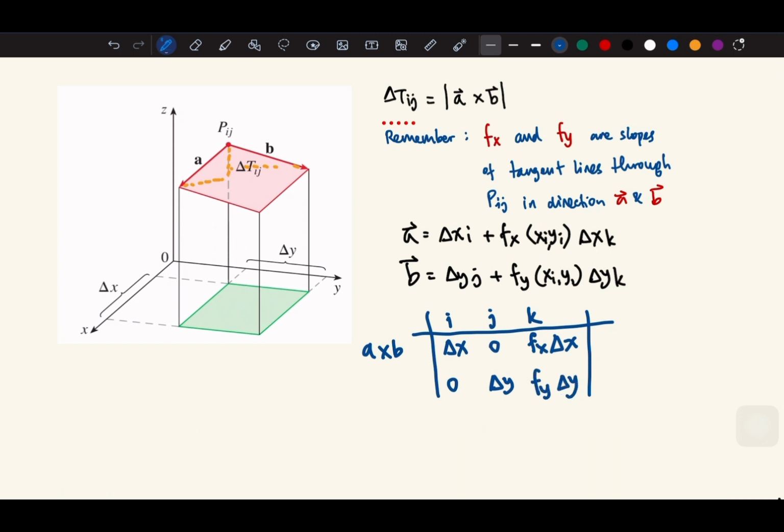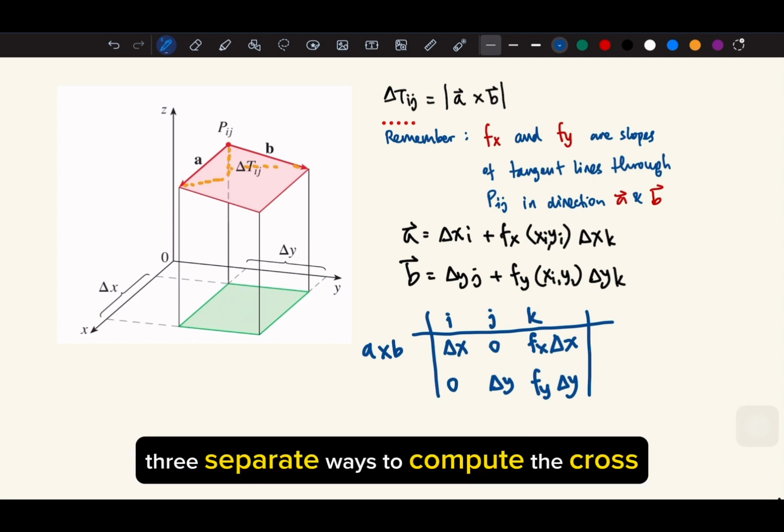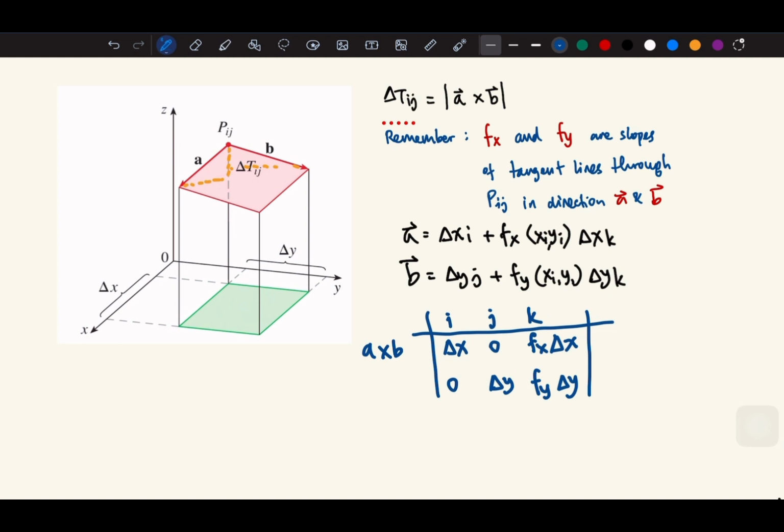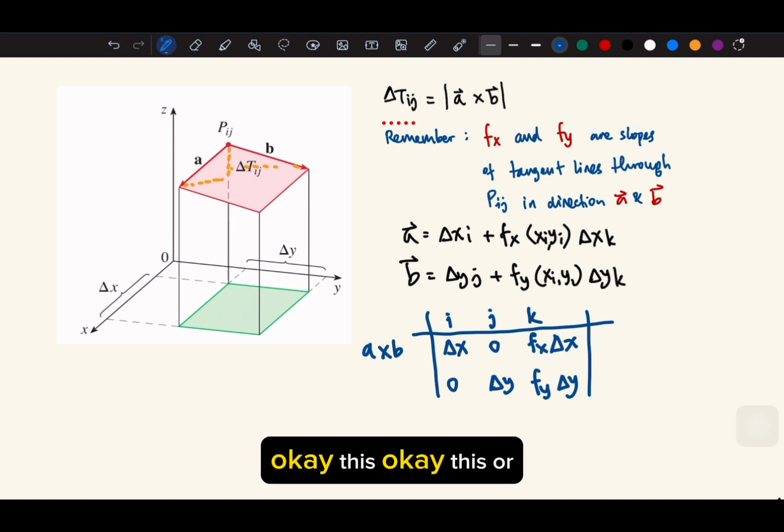I think there are several ways to compute the cross. You remember, we can compute this I multiplied with the determinant of this, J determinant of this, and K determinant of this.